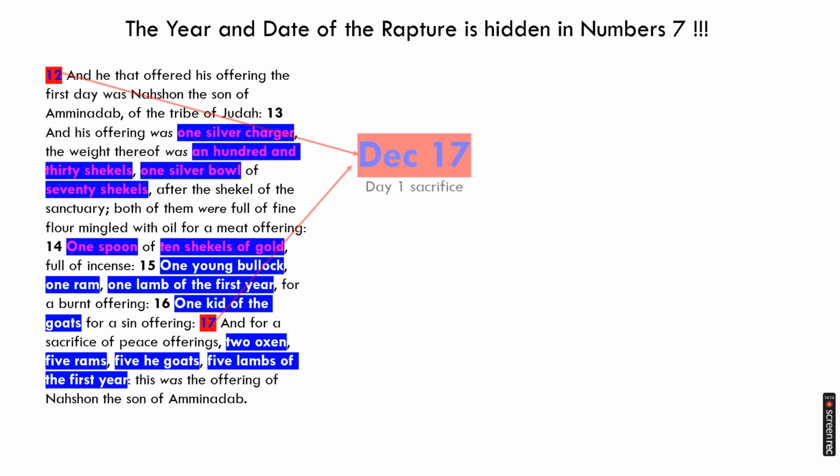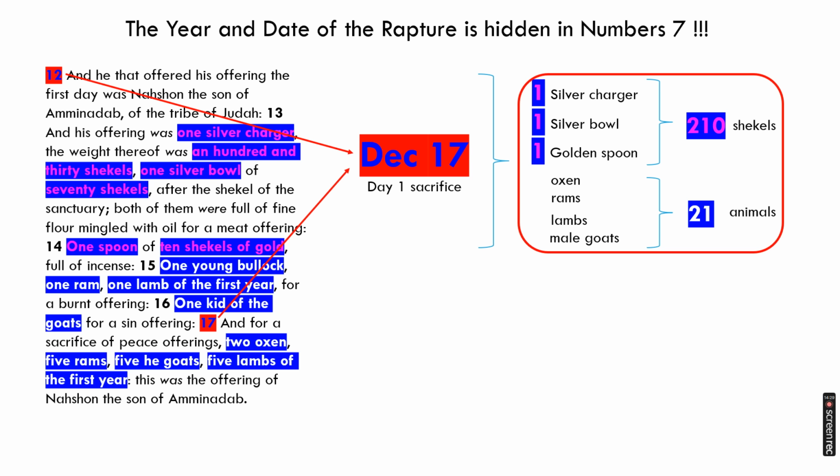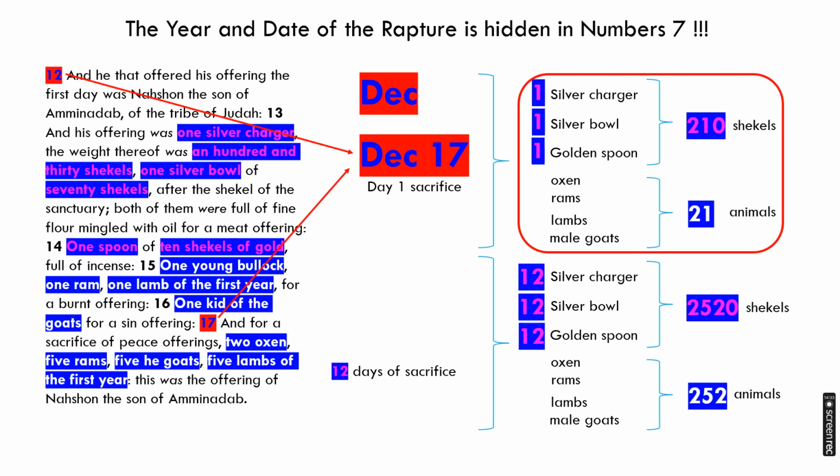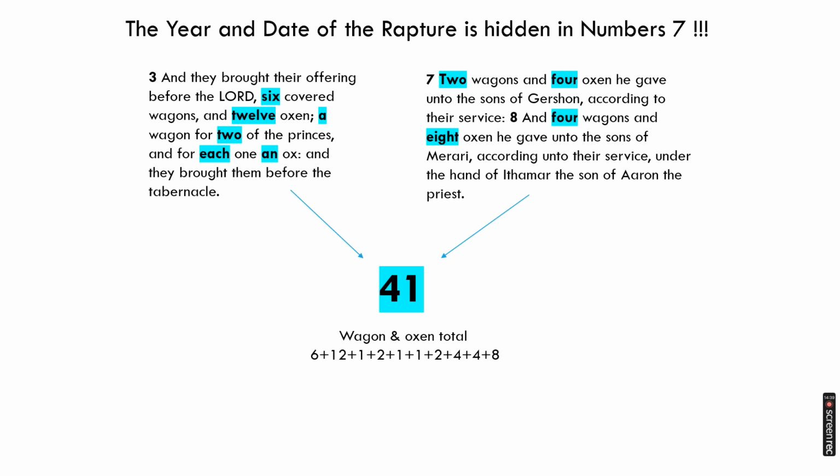We can already see December 17 in day 1's verses, which begin in verse 12 and end in verse 17. The quantity of each day points to month 12, which is December. The 12-day total points to the year 2025 and the month December.